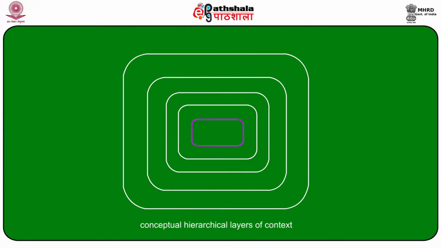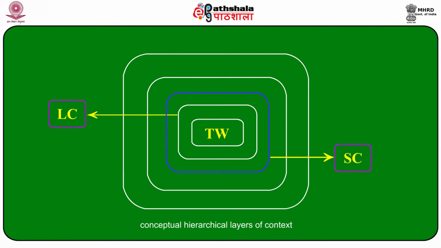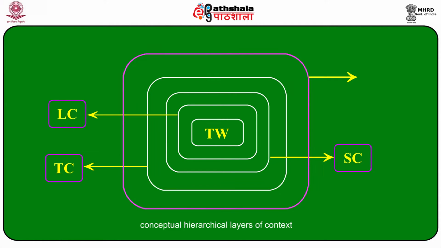The diagram is given here in figure number 1, where you can find that if there is a target word, the first thing we can refer to is the local context. That means the immediately preceding few words and the immediately succeeding few words.